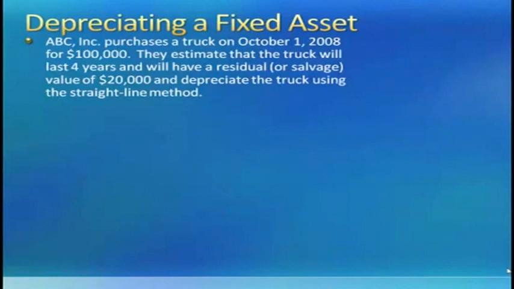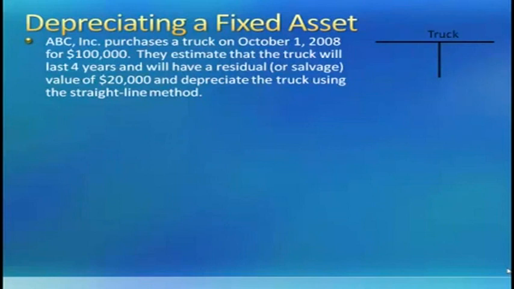If ABC purchases a truck on October 1st, 2008 for $100,000, and they estimate the truck will last 4 years and will have a residual value of $20,000, and they want to depreciate the truck using the straight line method, in this case, we've got a productive asset that we expect to help us generate revenues over 4 years. And what we're trying to do is assign that cost or match that cost of that productive asset to the revenues it helps generate.